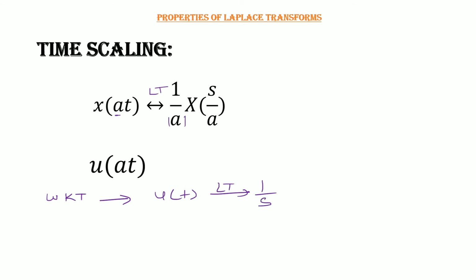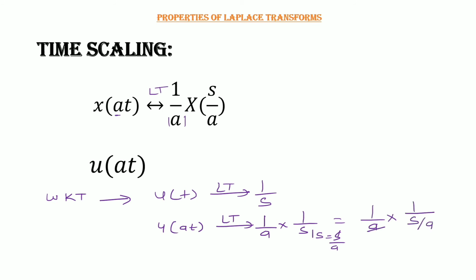Now for u(at), the Laplace transform will be 1 by a for sure, and replacing s by s by a, that means we will have 1 by a multiplied by 1 divided by s divided by a. This a and this a will cancel out, and what we are having is 1 by s. So your doubt might be clear with this time scaling.